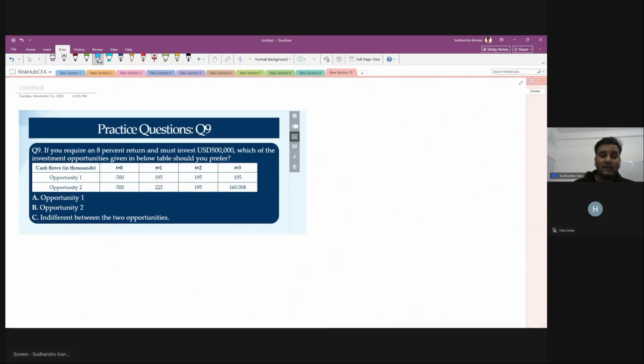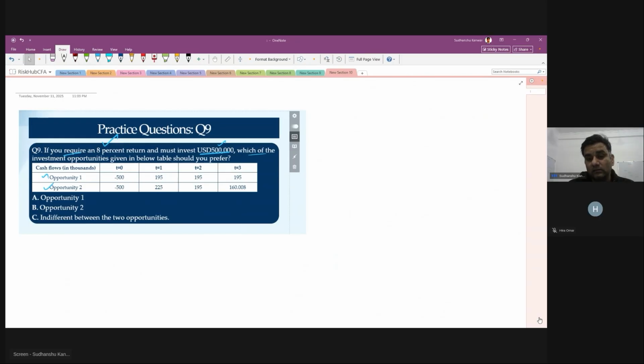If you require an 8% return, and you must invest USD 500,000, that's given. Which of the investment opportunities in the table below should you prefer, opportunity one or two, and why? So the logic here is we have to calculate which opportunity gives us more value.